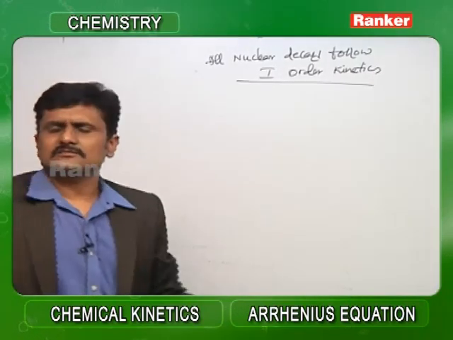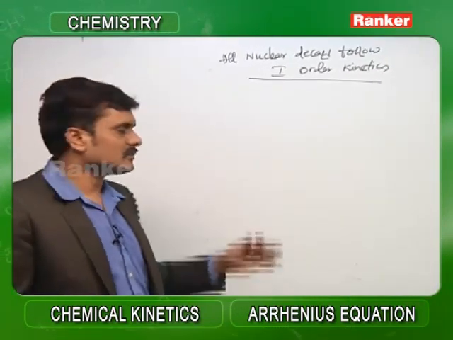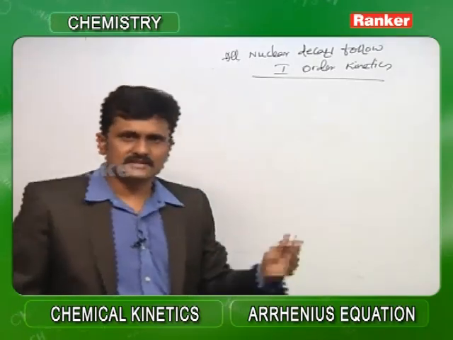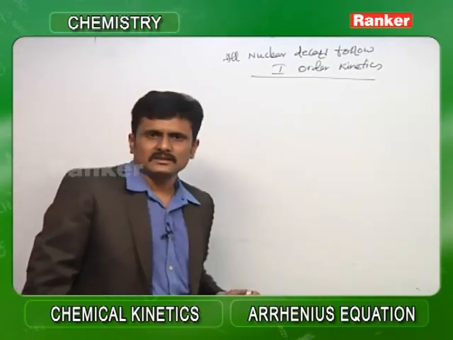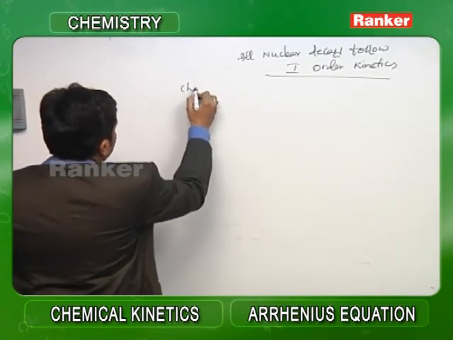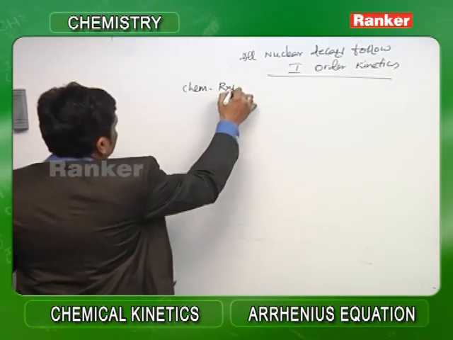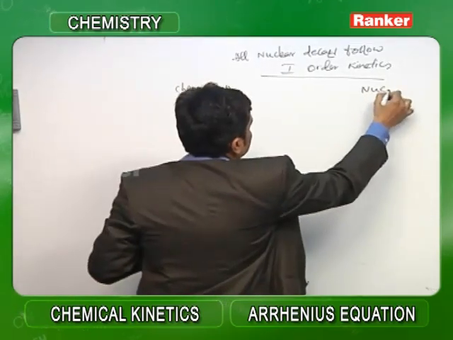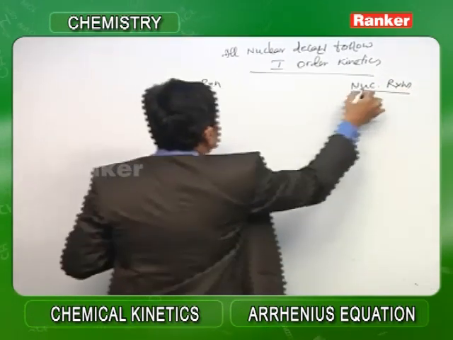So it could be related to either nuclear reactions or chemical reactions. The types of questions being asked are pretty simple. For example, let me deal with certain questions asked in chemical and nuclear reactions separately.